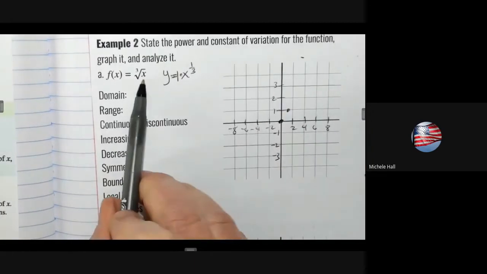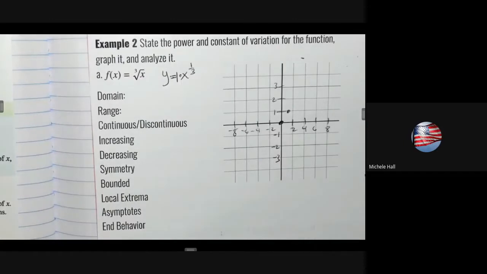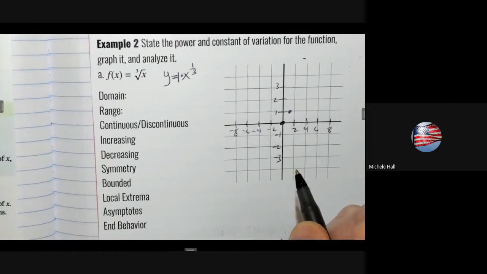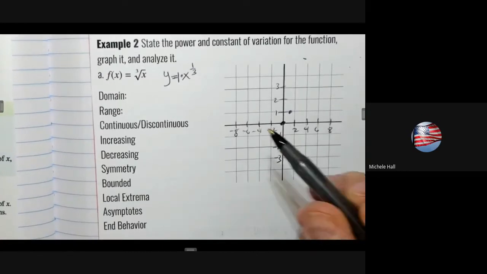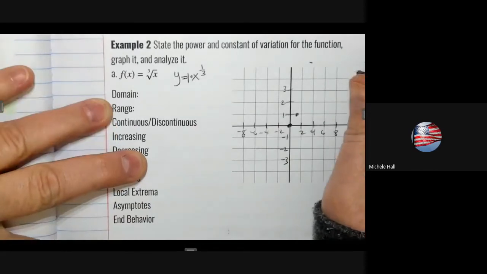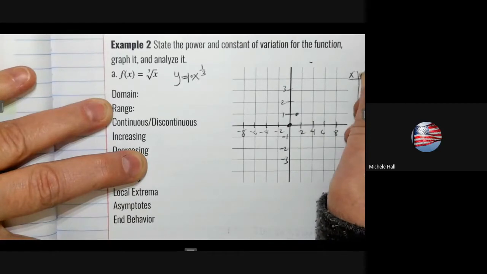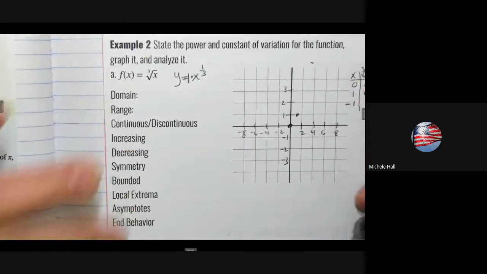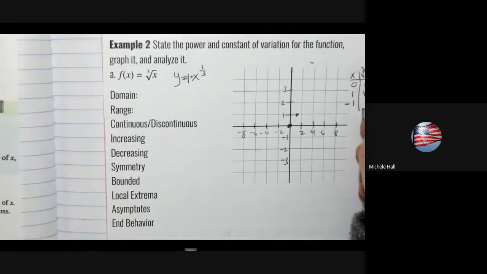How about the cube root of -1? -1 times -1 times -1 is going to be -1. And so if I have my table of values, x, and the cube root of x: 0 is 0, 1 is 1, the cube root of -1 is -1.